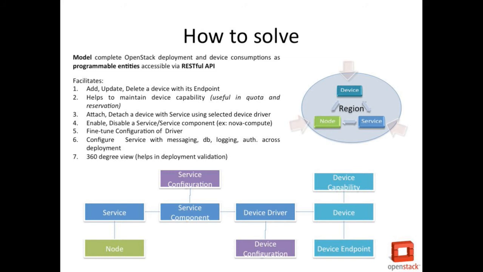So you can see these three perspectives from either the node, the service, or the device. On top of this, if you have multiple regions, you can see this view per region. Say you have 10 regions deployed with OpenStack; per region, you can view this.